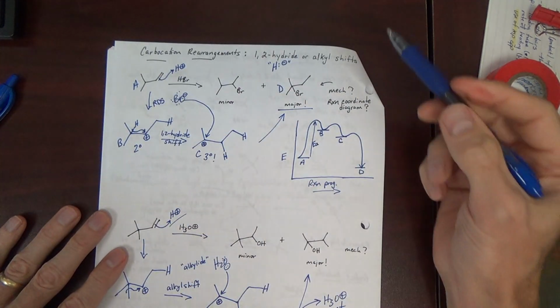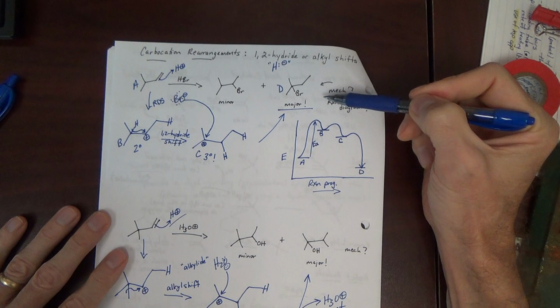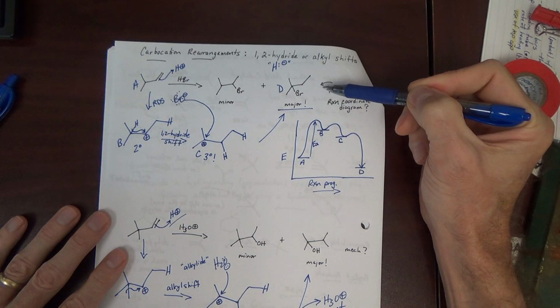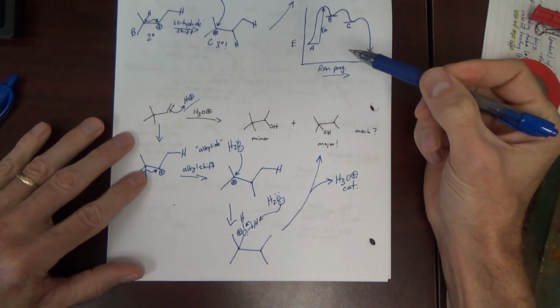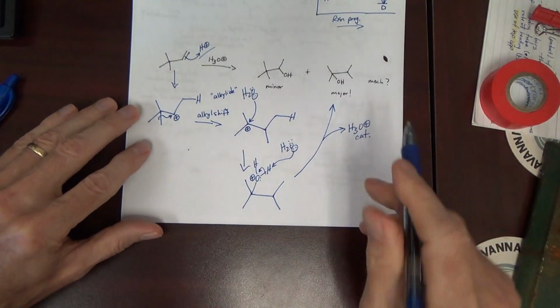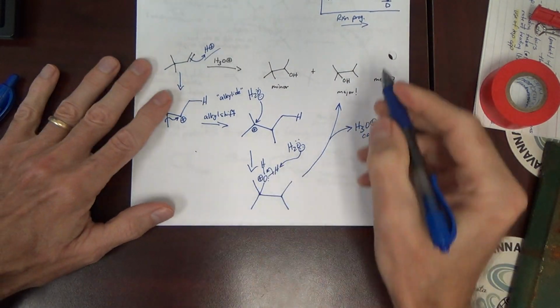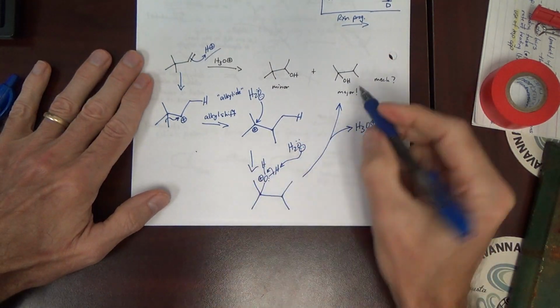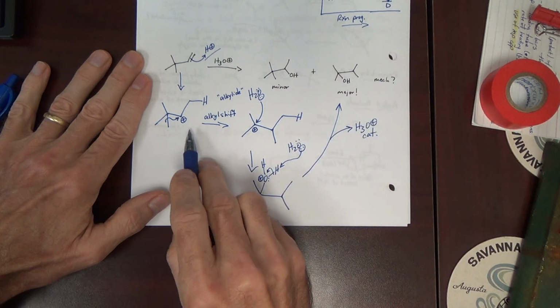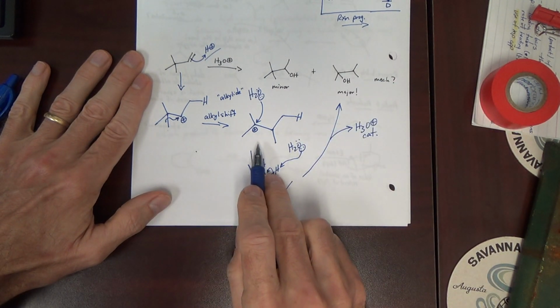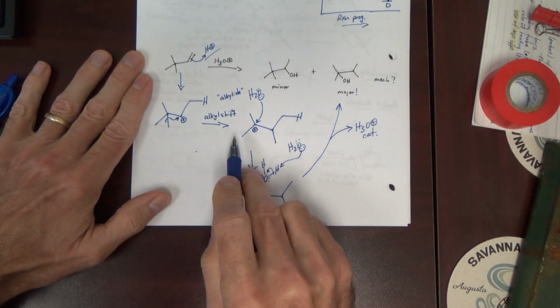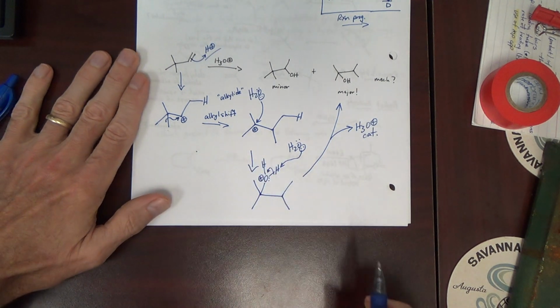Up top, it was not. We did not reform HBr. And so the major product down here comes from a carbocation rearrangement, which itself comes from an alkyl shift.